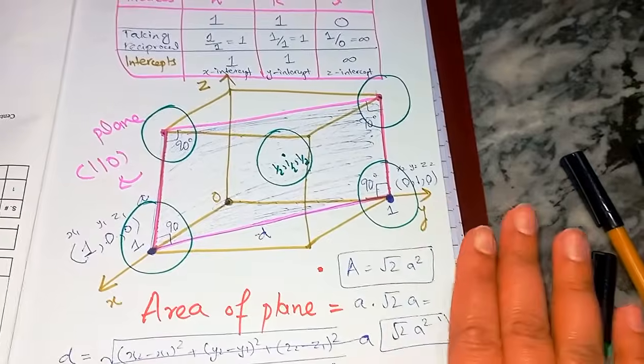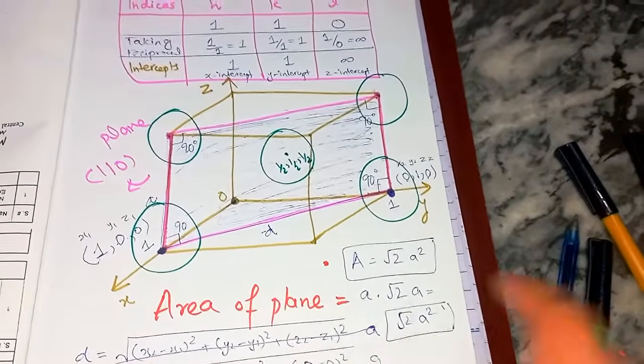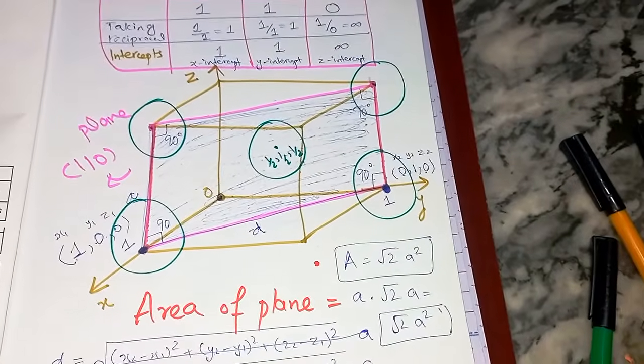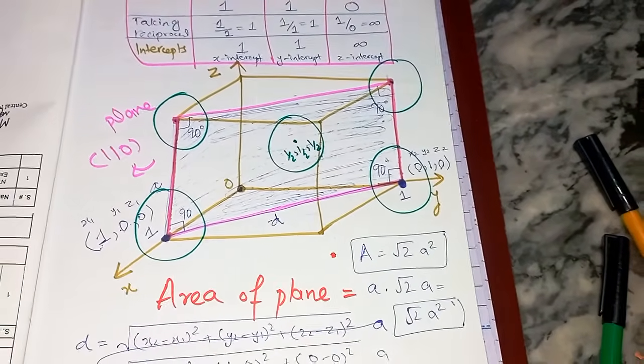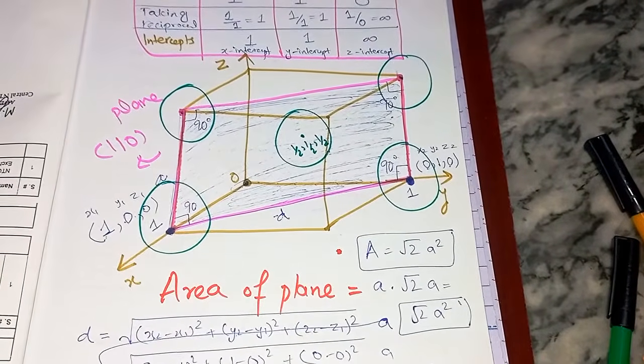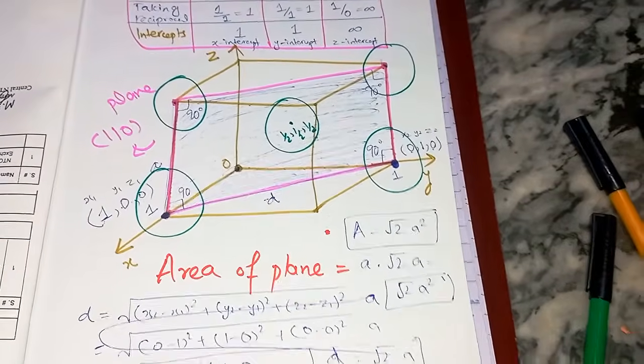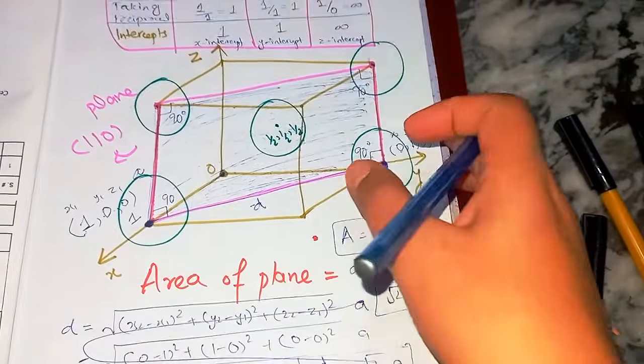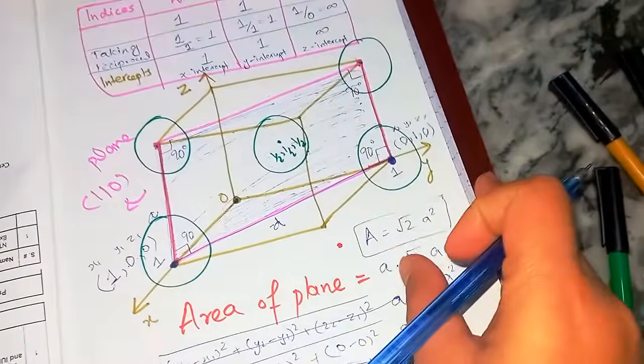Yes, there is a method. Let me show you, because that was the point I was waiting for, to show you that this is the method you can use to know whether any atom is contributing to the plane or not.